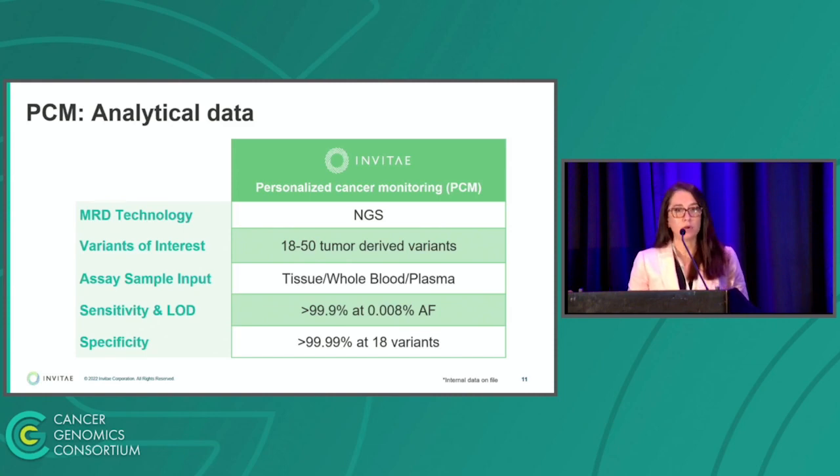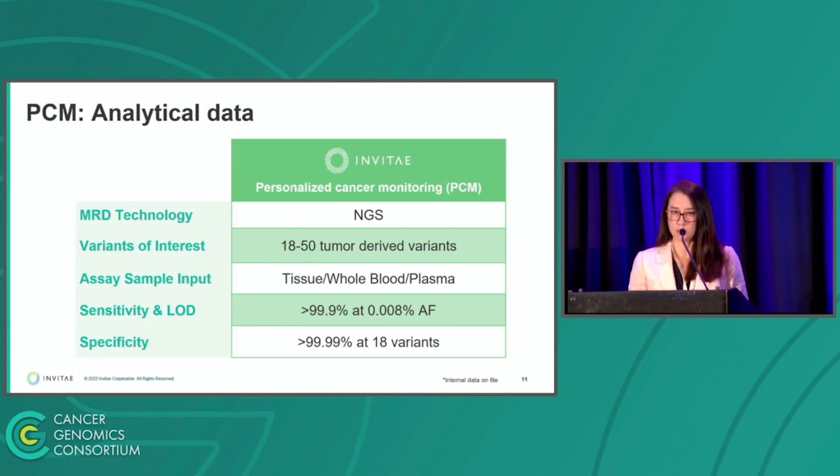And as far as the levels of sensitivity go, the analytical validation showed better than 99.9% down to 0.008% allele frequency. And that is important because just the overall cancer population is going to have such low levels, particularly early stage tumors, and particularly after they've already had treatment.